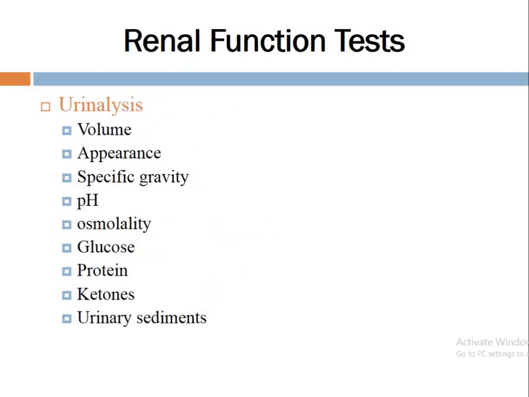Then we also do urine analysis. A patient who observes some problem in the urine approaches the doctor, and the doctor prescribes certain tests, and urine analysis is one such test.